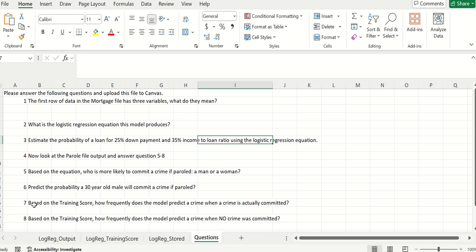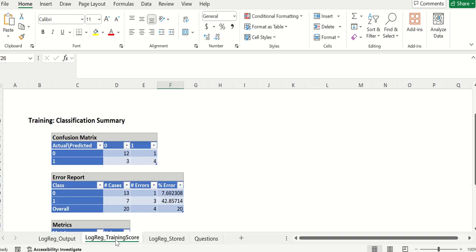Question 7, based on the training score, how frequently does the model predict a crime when a crime is actually committed? Now let's look at the training score. The training score gives us what we call a confusion matrix.